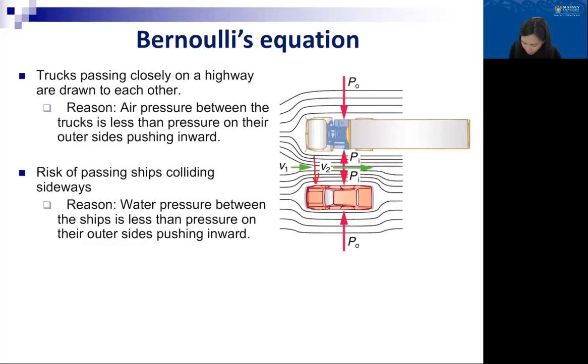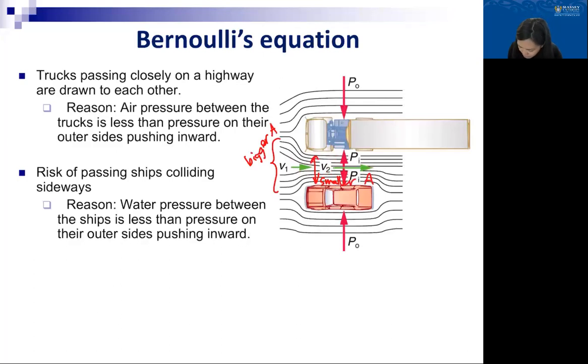Notice how there's a funneling effect of the air. So you have here a smaller cross-sectional area, as opposed to this bigger cross-sectional area. And the continuity equation says that as the air flows through this smaller cross-sectional area, the speed will increase. So there's a high speed at this narrower area between the two vehicles, because of the funneling effect of the air.